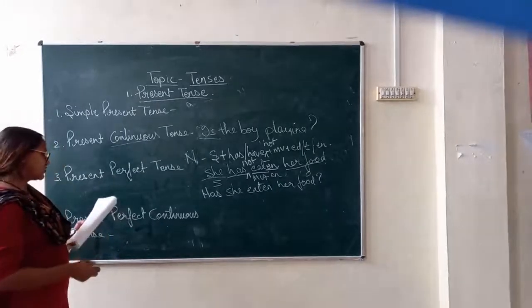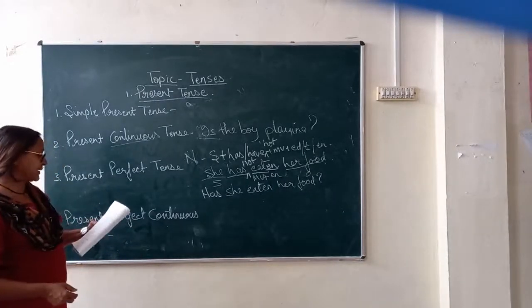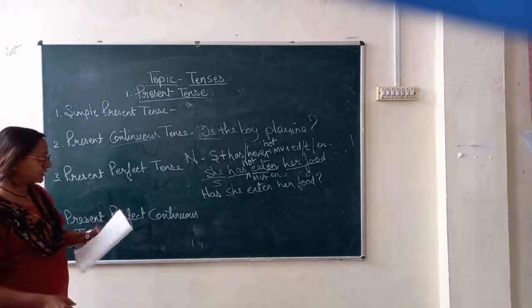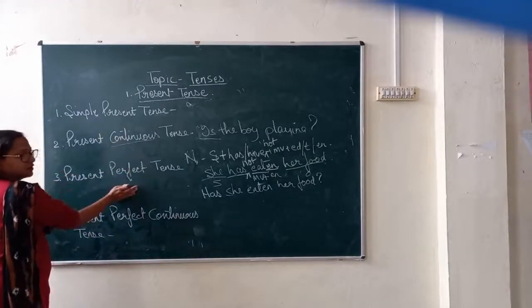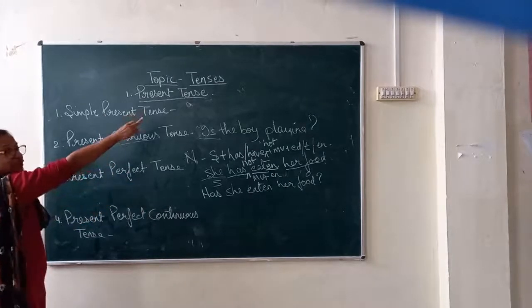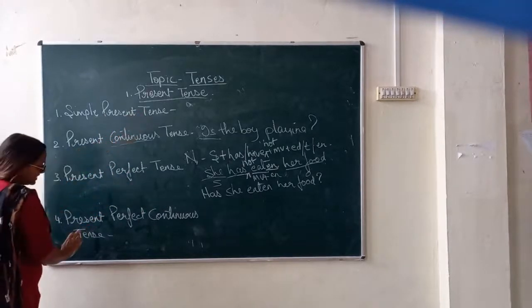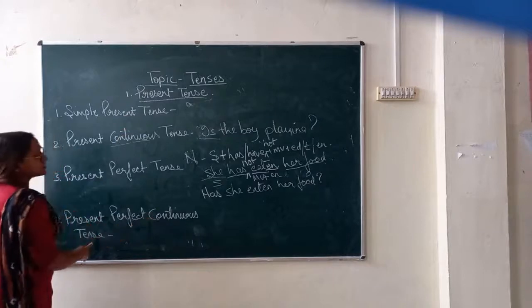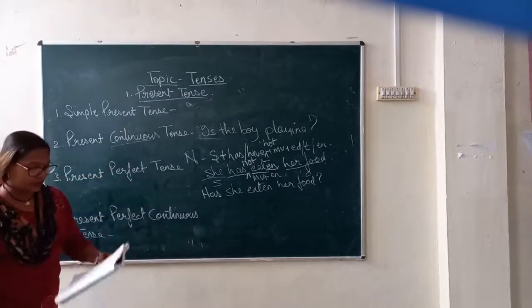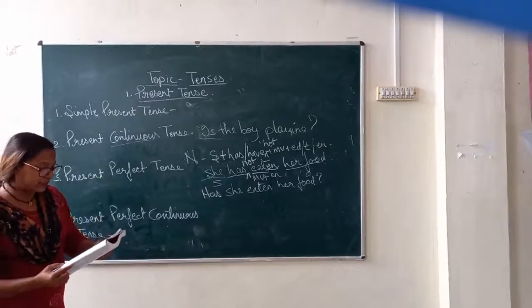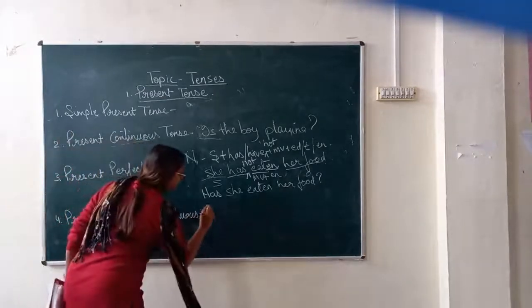It is used for the action which is still continuing but began sometime in the past. As I am teaching you this, I am still teaching you tenses, so this will be considered present perfect continuous tense.